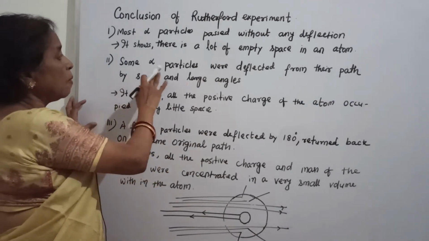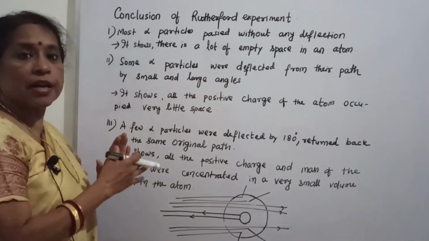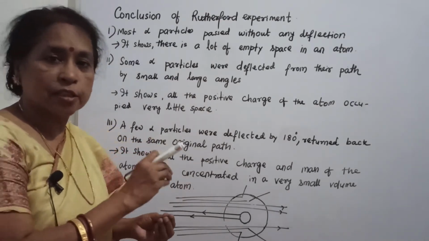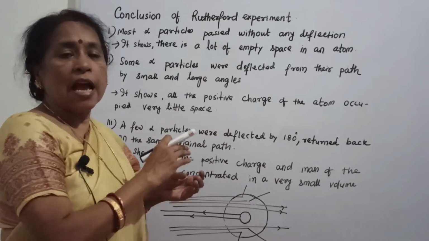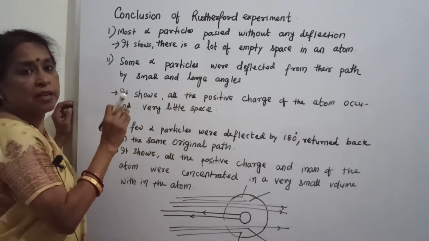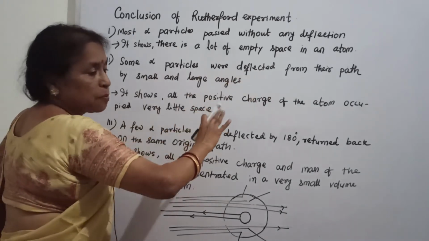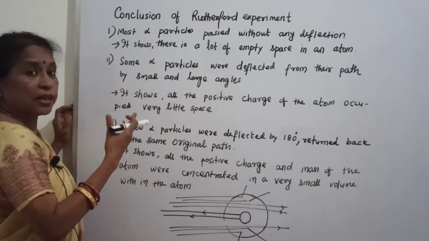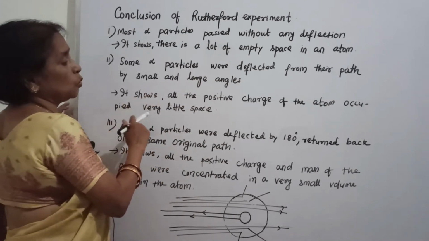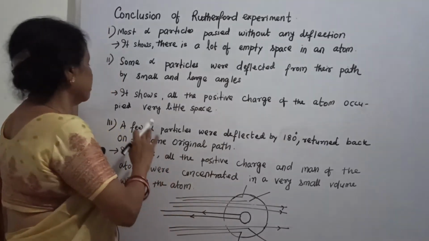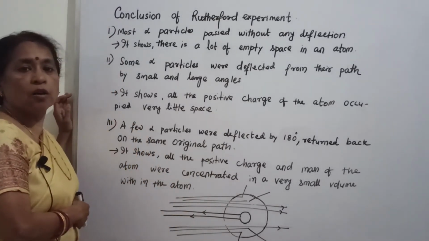Second point: some alpha particles were deflected, some by a small angle and some by a large angle. What is the conclusion? It shows that all the positive charge of the atom occupies a very small space.